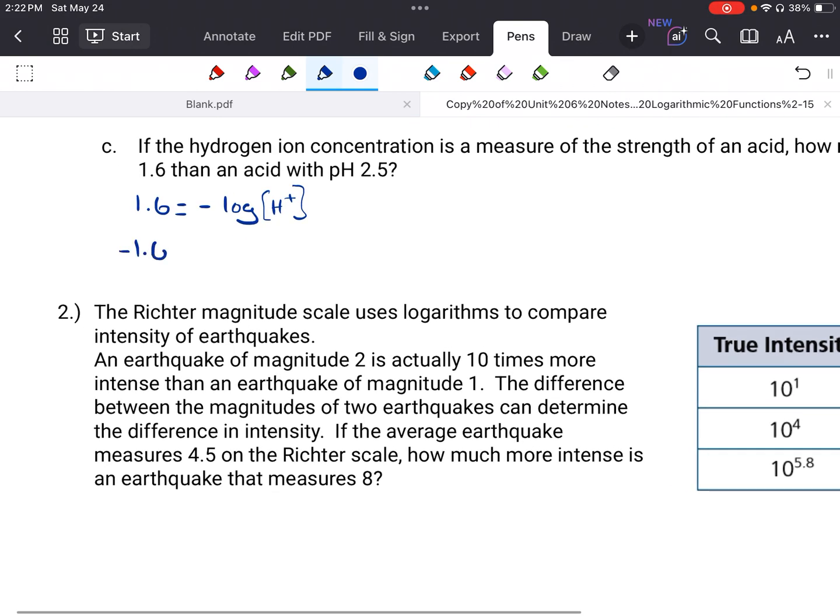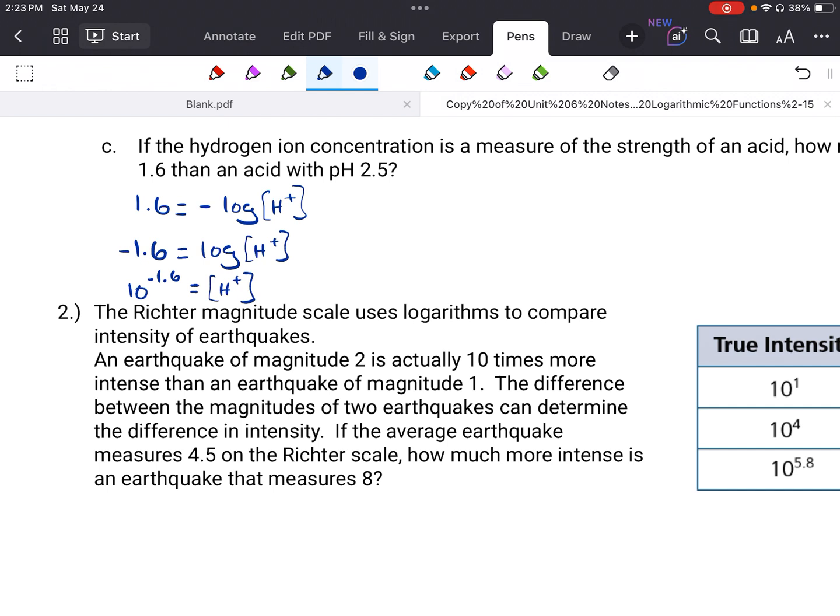Negative 1.6 is the log of H plus. And to get rid of that log, we have 10 to the power -1.6 equals the first H plus.